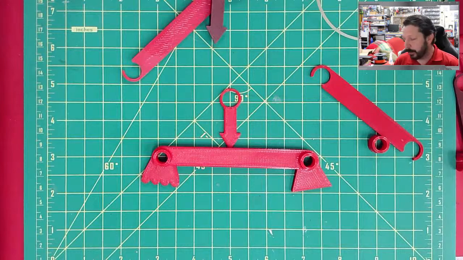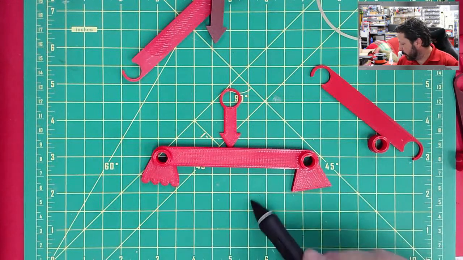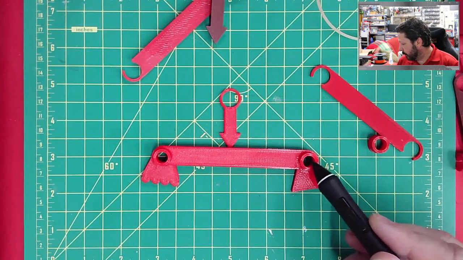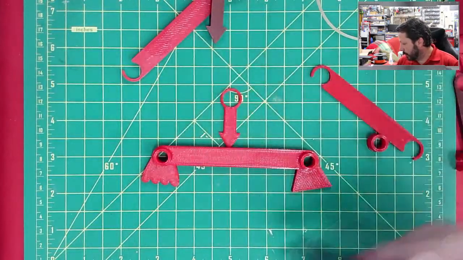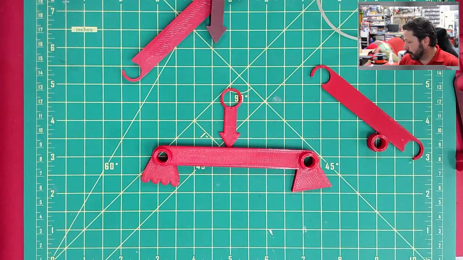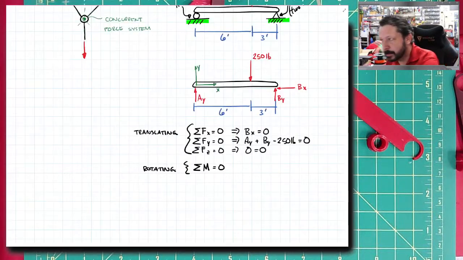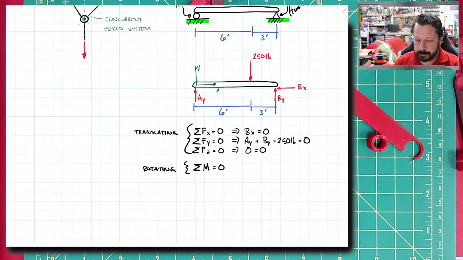So how I use the equation is I pick a point, any point. I can pick this point. I can pick the point in the middle of this pin or the point in the middle of this roller. I can put any point that I can see in my local coordinate system that this thing is not rotating about. I pick that point. So there's a little bit of like which point to pick.